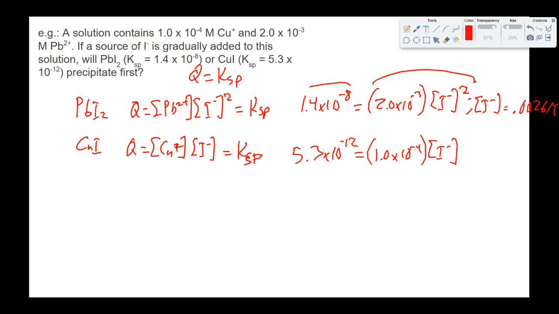So solve for I- concentration by dividing both sides by 1 times 10 to the minus 4, and you find out that the iodide concentration at precipitation here would be 5.3 times 10 to the minus 8th molar. Well, 5.3 times 10 to the minus 8th molar is much, much smaller than 0.0026 molar. So that means CuI would be the first one to precipitate out as that iodide ion is added.